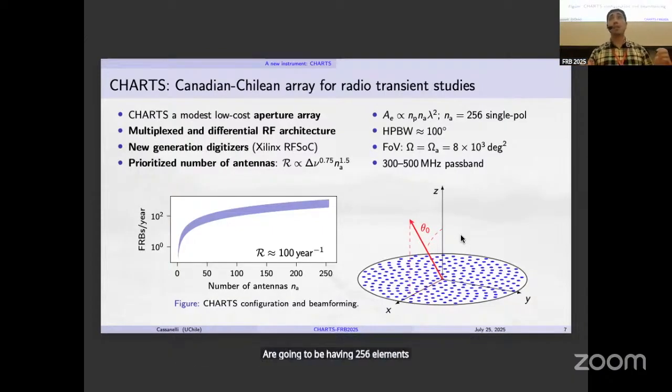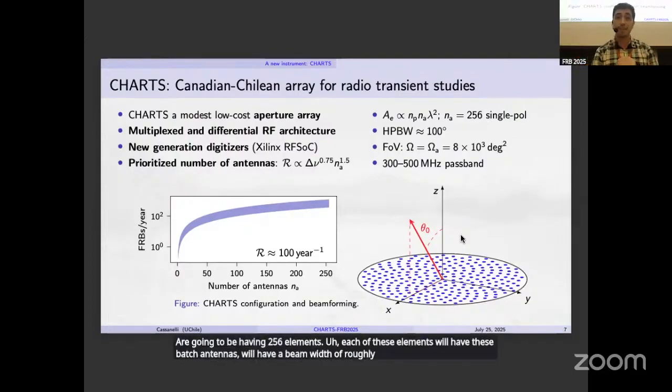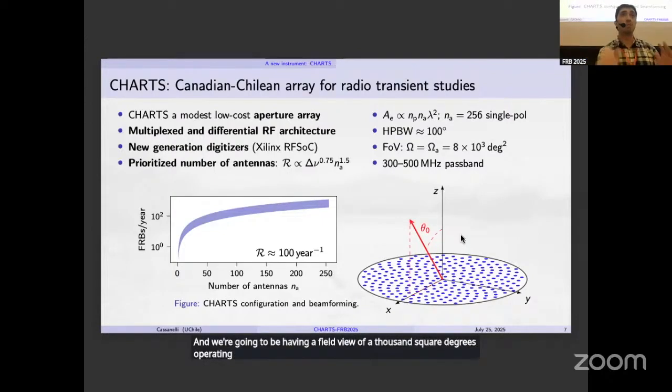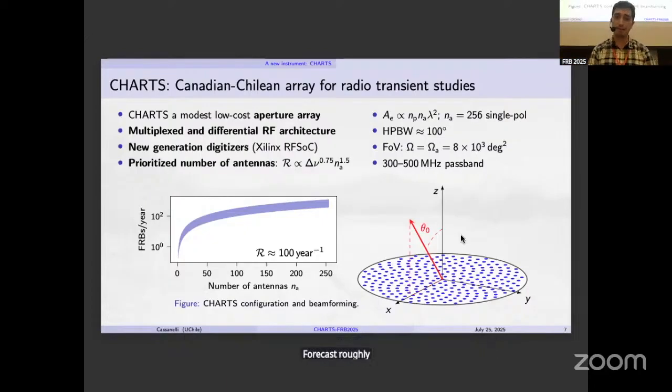Each of these patch antennas will have a beam width of roughly 90 degrees. And we're going to be having a field of view of 1,000 square degrees, operating in a modest bandwidth of 200 megahertz, from 300 to 500 megahertz. With this configuration, we expect, this is a positive forecast, roughly 100 FRBs per year.